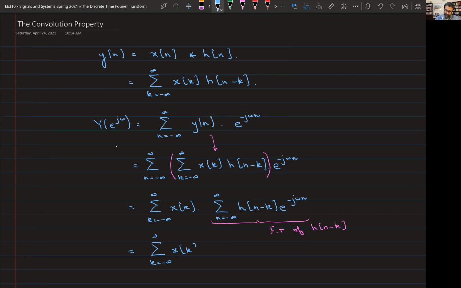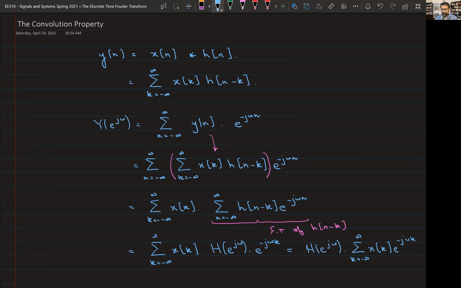I could use a change of variables as well, but I'm directly using this time shifting property. H of e raised to j omega times e raised to the power minus j omega k. So this is H of e raised to the power j omega times summation k going from minus infinity to plus infinity x of k e raised to the power minus j omega k.